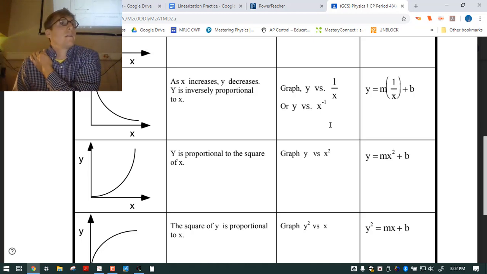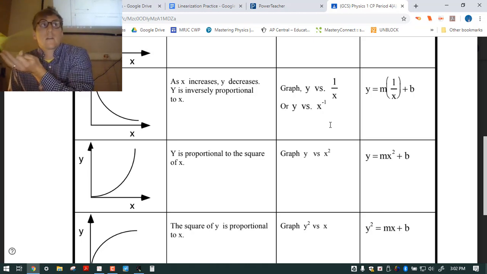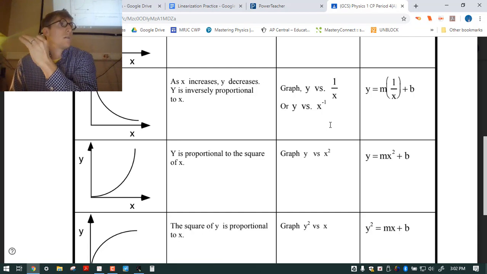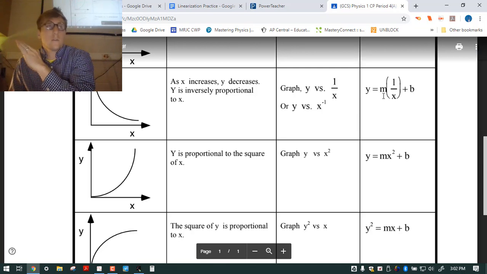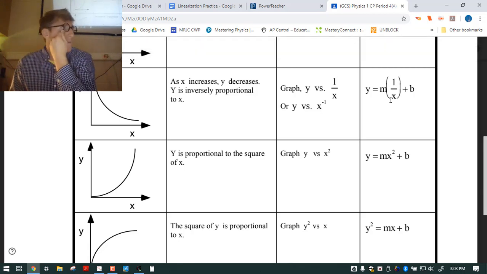You'll get a completely straight line, and I'll show you this in a second. The equation for that new graph is y equals the slope of that new line times 1 over x, because you modified that variable.